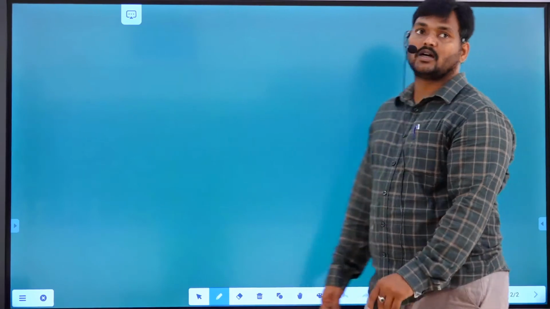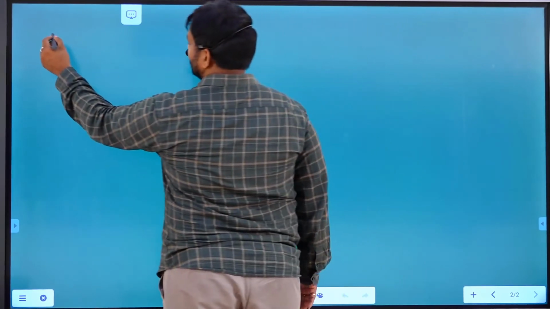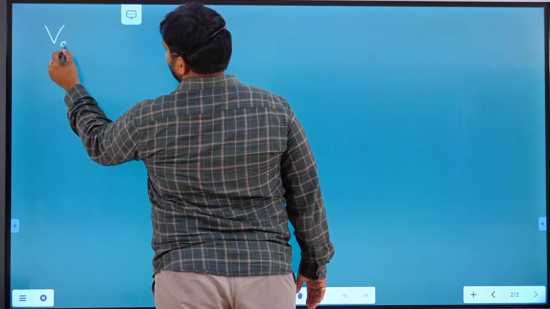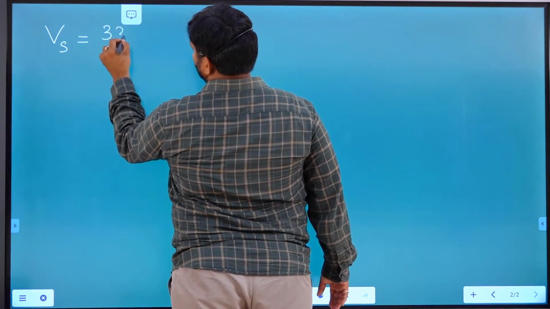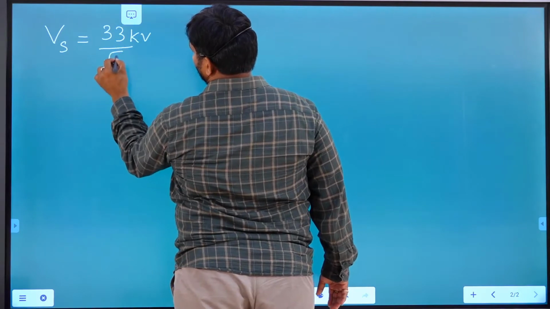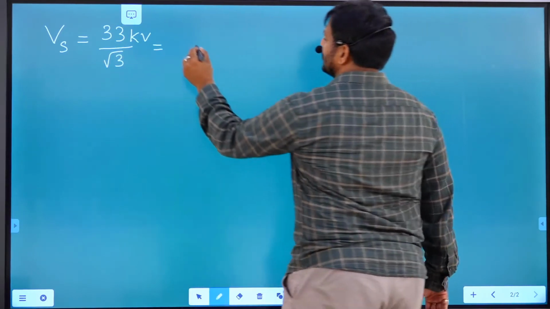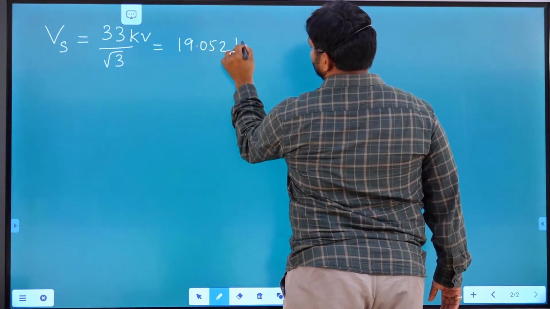From the given data, first of all we have to calculate the per phase voltages at the supply end and the receiving end. Given supply end voltage is 33 kV, so per phase you divide it by root 3. This you will get as 19.052 kV.